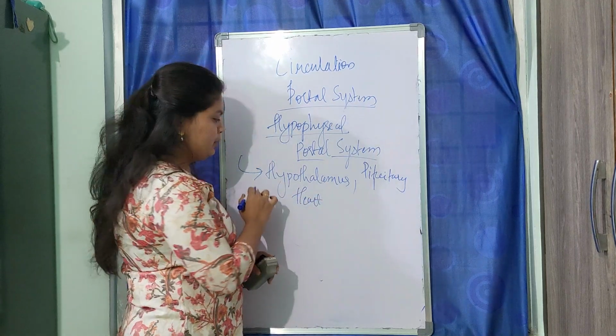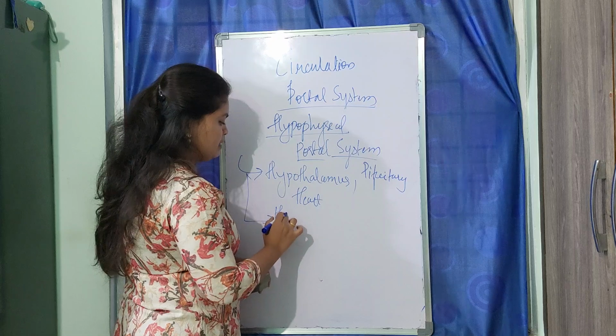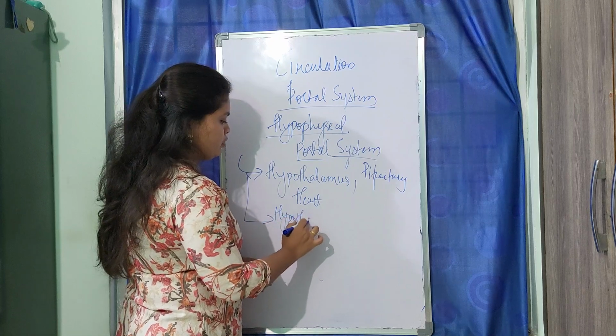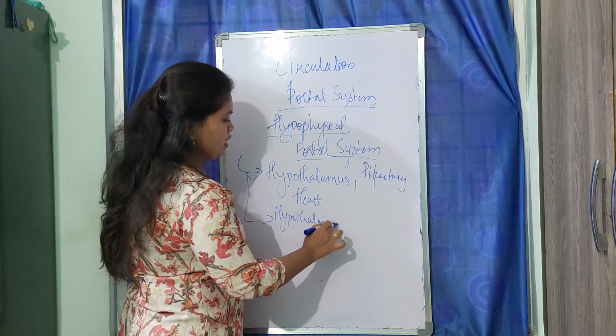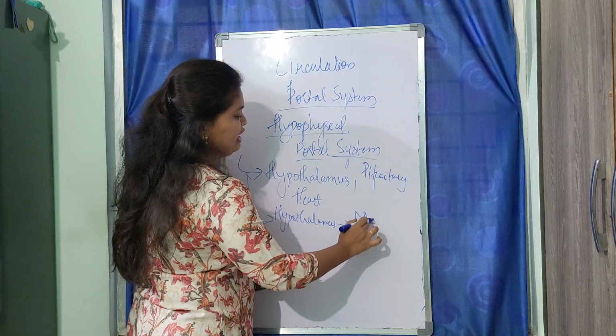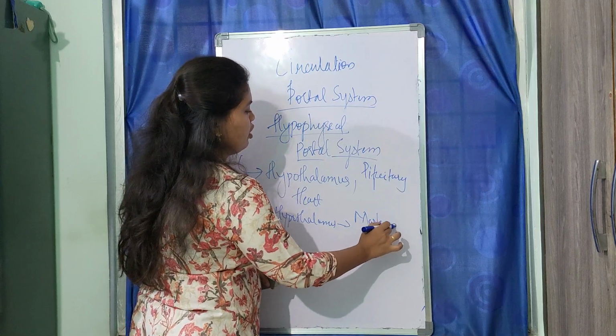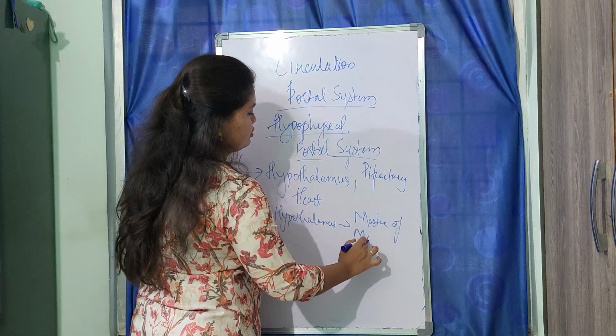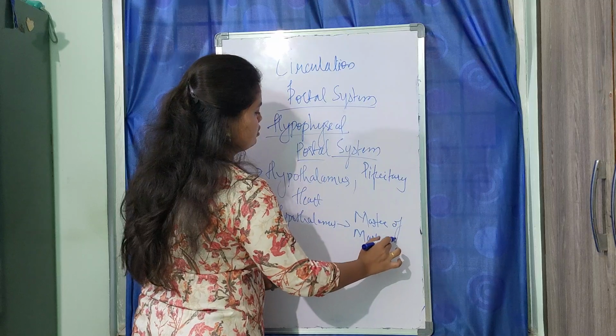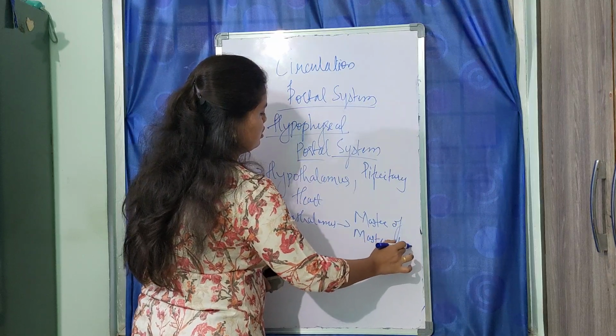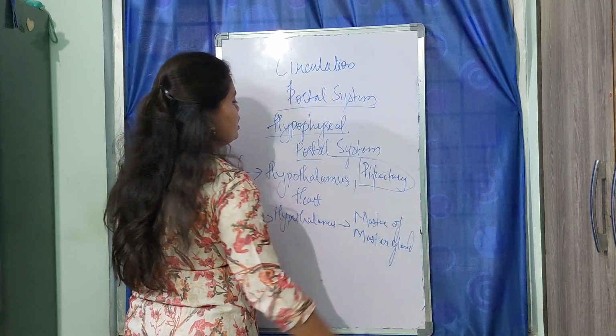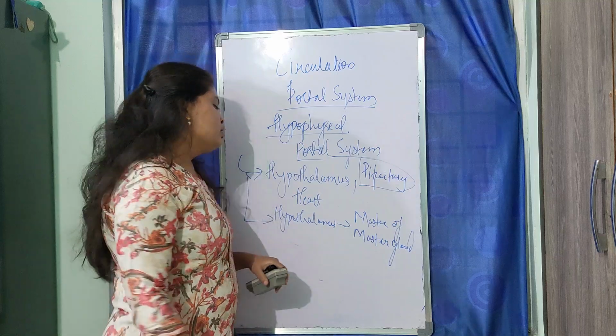As you know, the hypothalamus is called the master of master gland, and this pituitary is called the master gland.